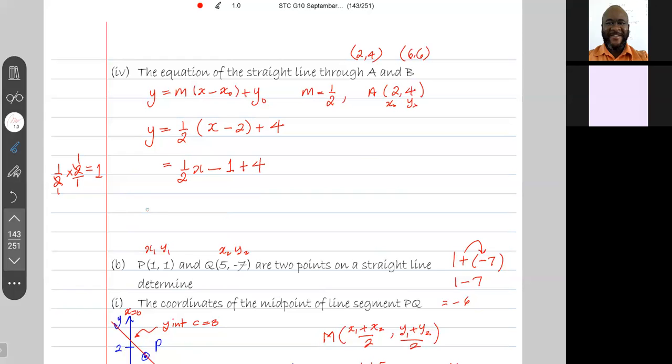So y is equal to a half x plus 3, since minus 1 plus 4 is positive 3, is the equation of the line. And this is what we got exactly from observation. So both observation and calculation agree.